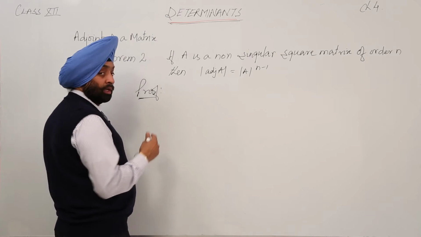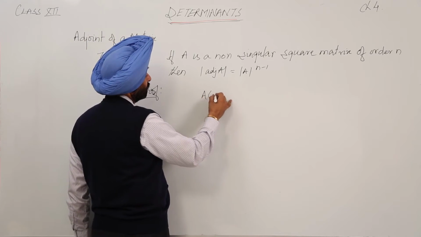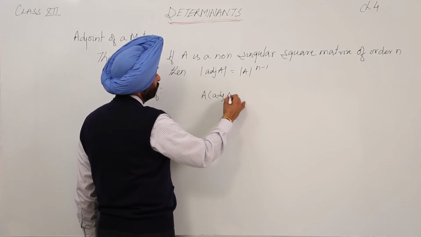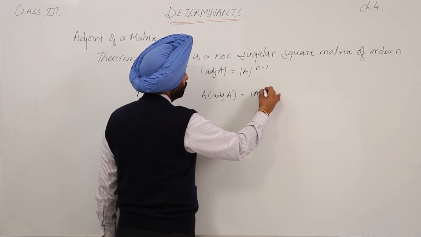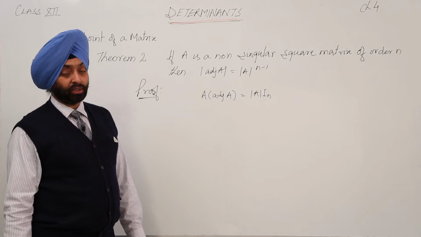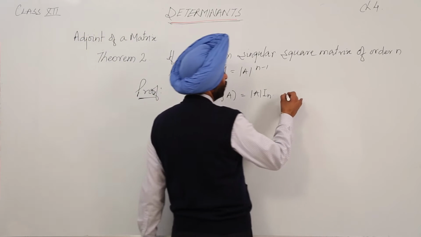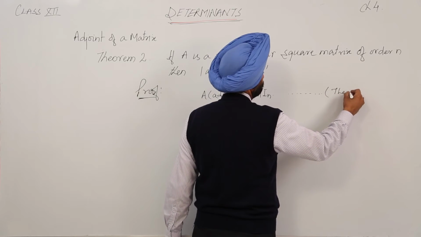Now the proof. What we did in the last theorem, we have done A times adjoint A is equal to determinant of A times In. This we have already done in theorem 1.